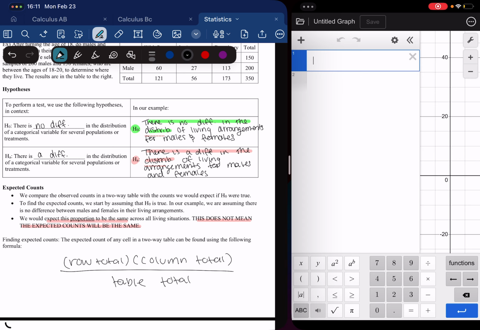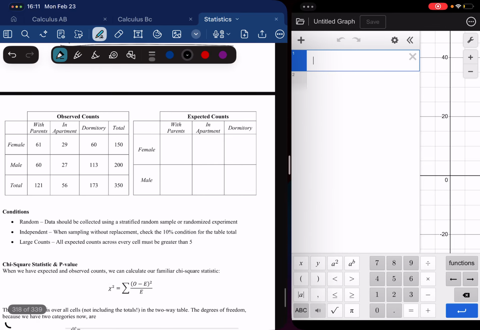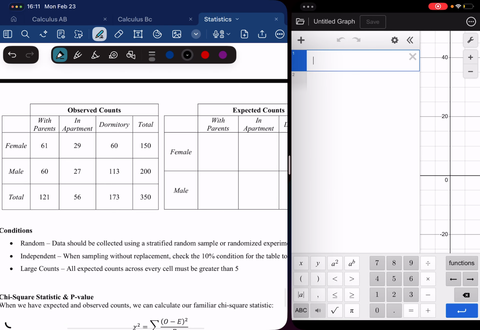Okay, much different than expected counts for goodness of fit, because there we took the proportion and multiplied it by the total. But since we're dealing with a two-way table, so more than one categorical variable, we'll use this formula instead. So using that formula to fill in the table, I'm first going to start with this box right here: female, living with parents.